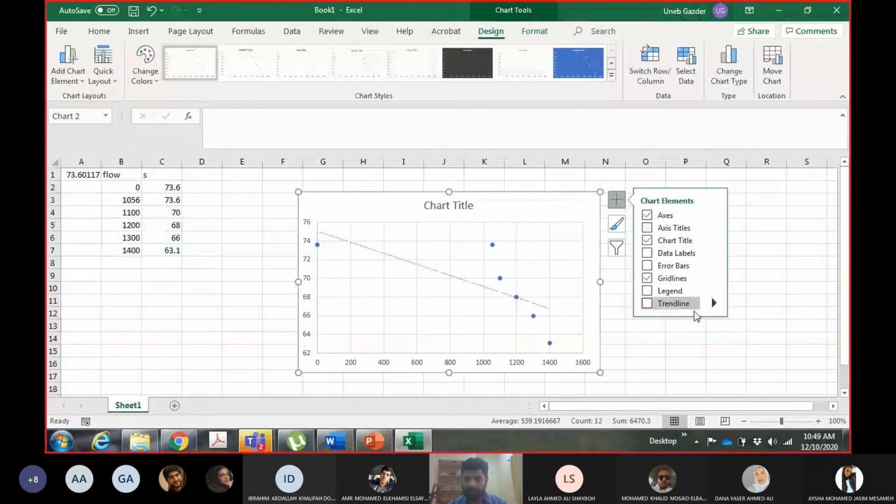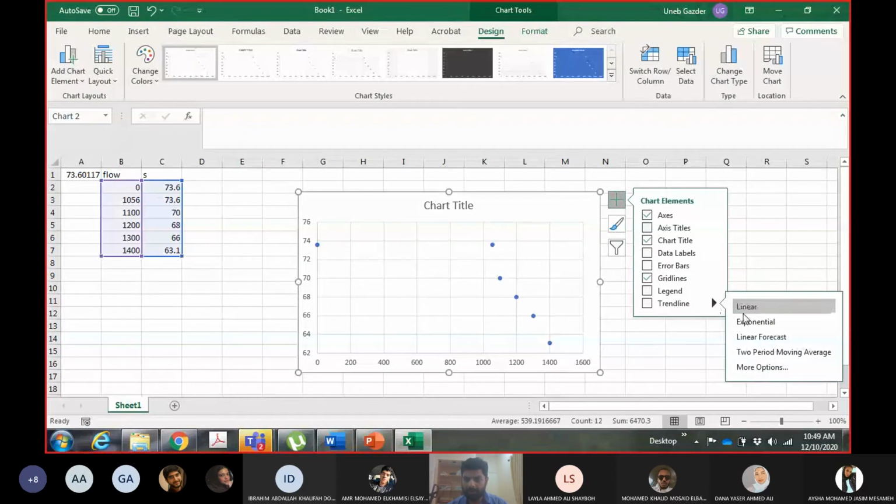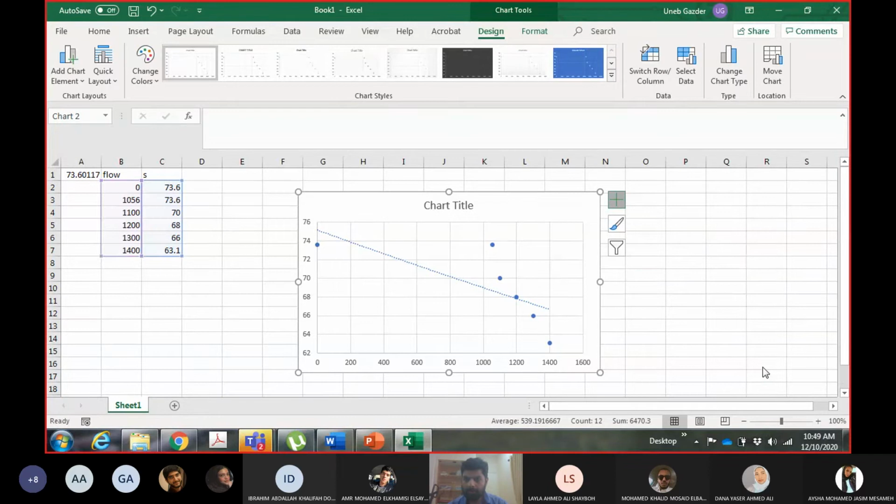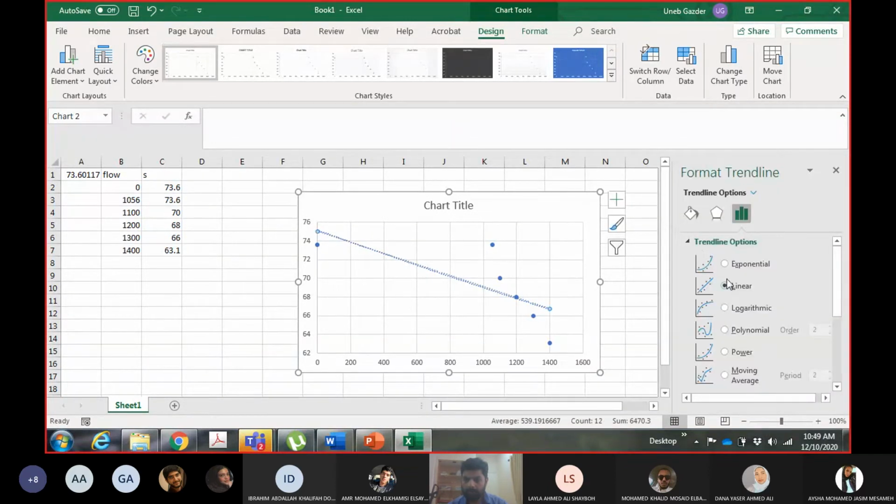If you go here, put a trend line here. And power.